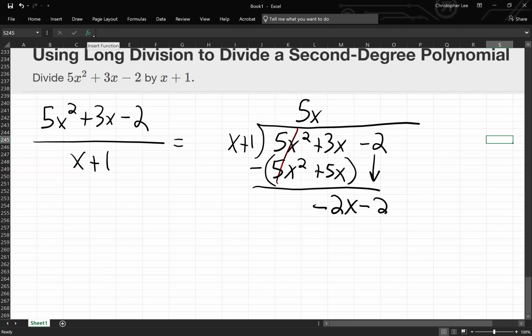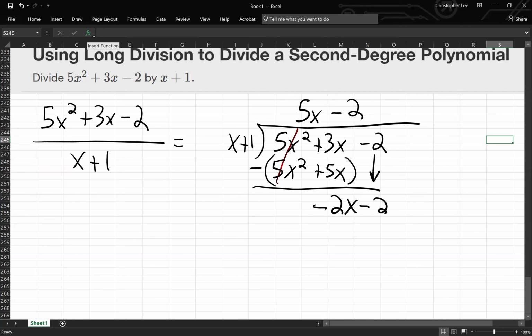Now, x goes into negative 2x how many times? Not once. You're close. Almost there. Negative 2. Now we're talking, right? Negative 2.